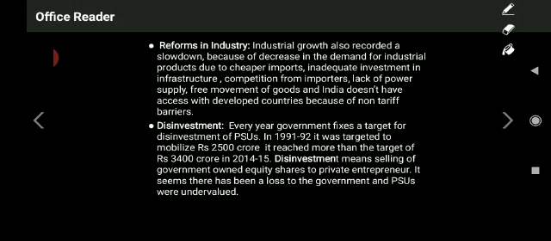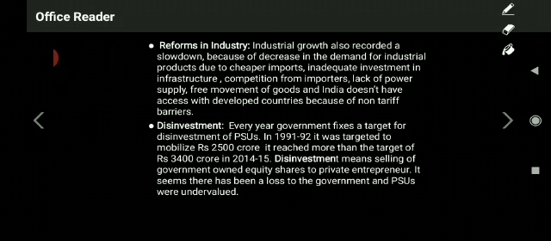There is also inadequate investment in infrastructure, competition from importers, lack of power supply, pre-movement of goods, and India does not have access to developed countries because of non-tariff barriers. See, these are the many problems which the industrial sector faced as a challenge, but till date there is no possibility of solving all these problems. Because of that, there is no development in the industrial sector.